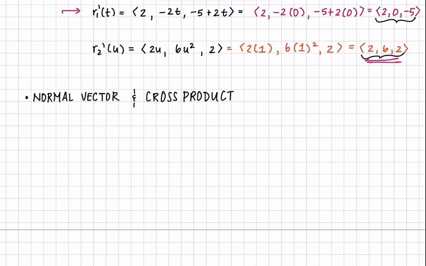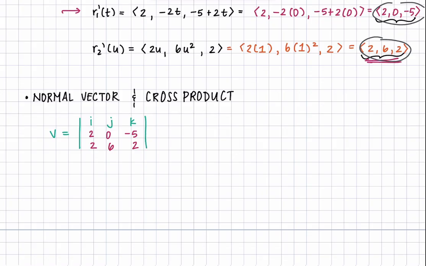Okay. And now I can take the cross product of the tangent vectors we just obtained. I'm going to label the resultant of the cross product v equals. First row, I'm going to have i, j, k. In the second row, I'm going to have my first vector of (2, 0, -5). And in the third row, I'm going to have my second vector of (2, 6, 2).